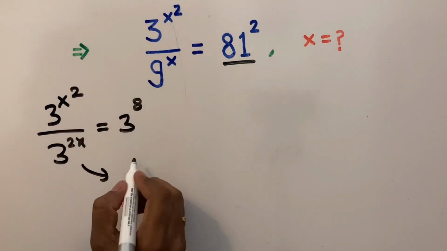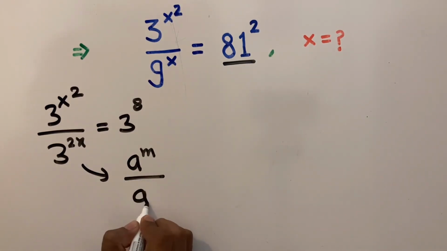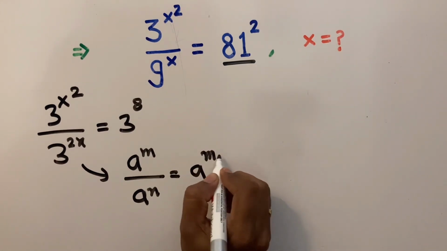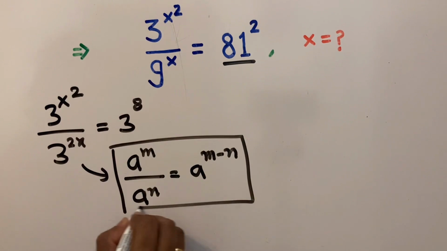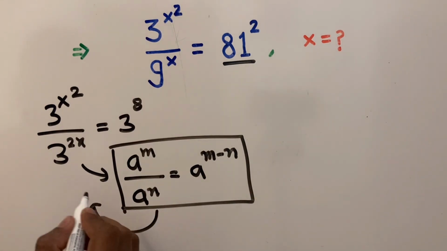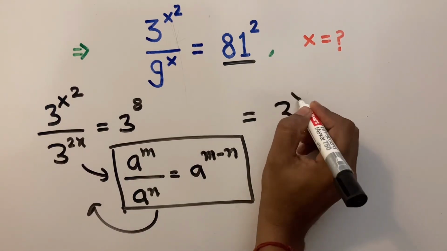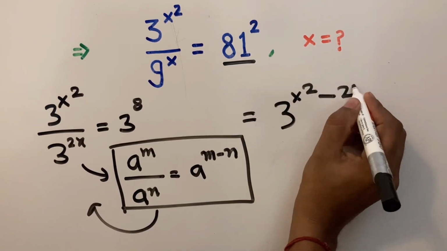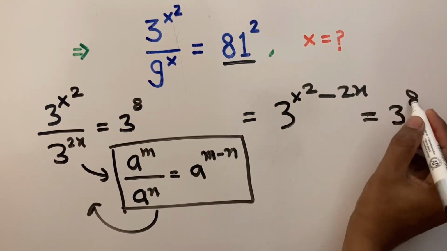The equation is in the form of a to the power m divided by a to the power n, which equals a to the power m minus n. So after applying this rule, this equation becomes 3 to the power x² minus 2x equals 3 to the power 8.